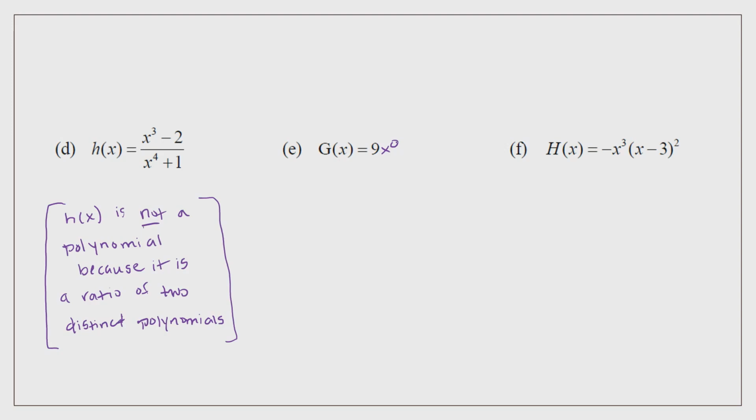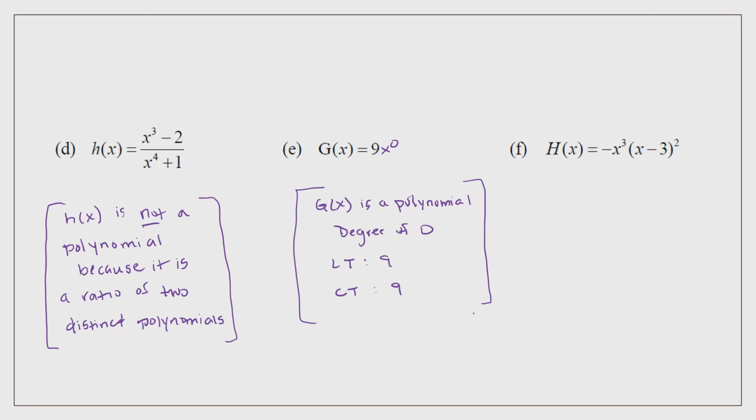So we could state here that g of x is a polynomial with a degree of 0 whose leading term is 9, whose constant term is 9, and it is already written in standard form.